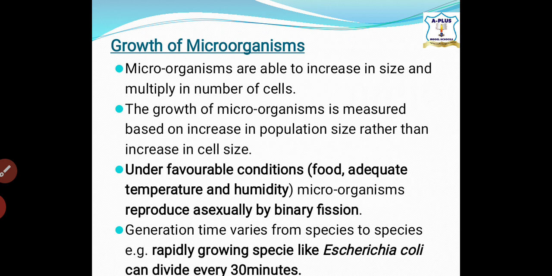The reason why they are very many in nature is because they reproduce through asexual means, which is binary fission. See this Escherichia coli divides every 30 minutes. Imagine how many divisions it will have made in 24 hours.